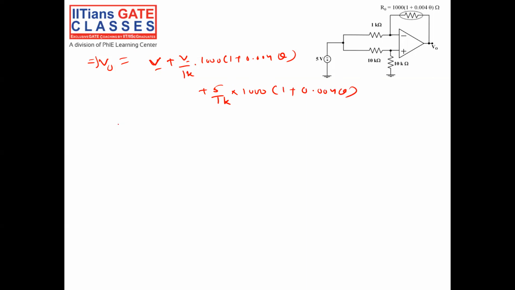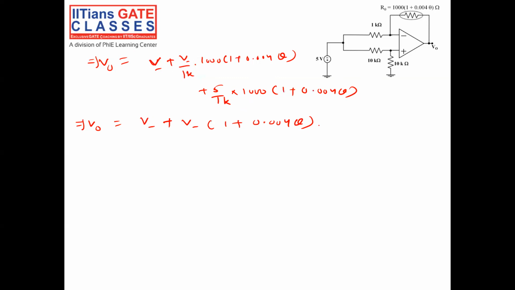So simplest, V0 is equal to V negative plus V negative by 1k got cancelled, equal to V negative into 1 plus 0.004 theta, clear?